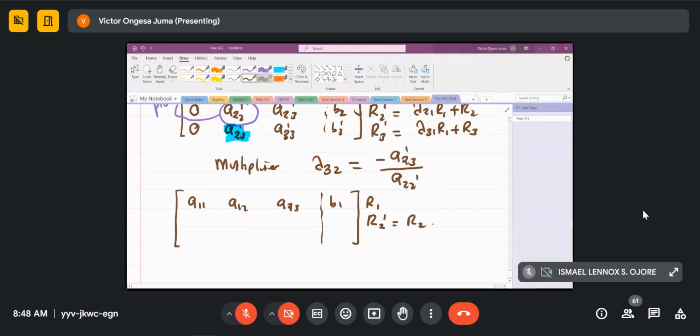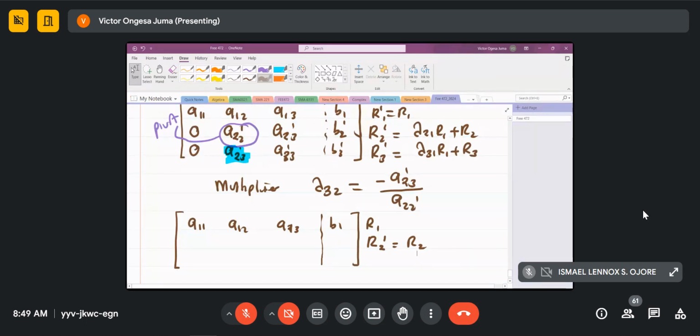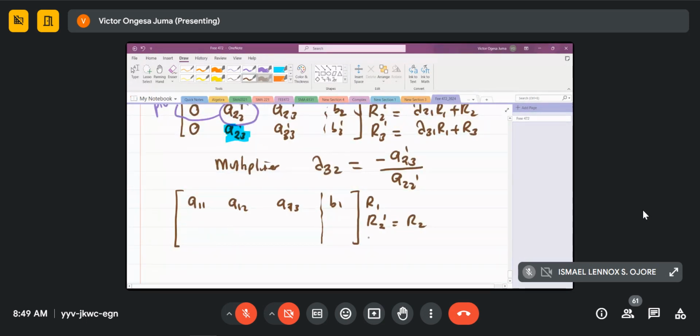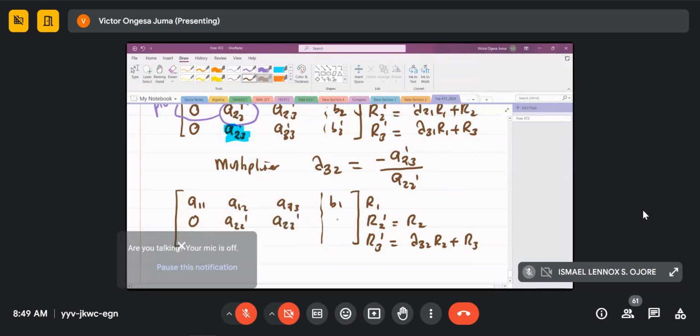Row 2, because I've not done anything to this row 2 of the new matrix. But what have I done to row 3? I can say the new row 3 is the same as what? It's multiplier times row 2 plus row 3. And so row 2 here also remains the same: A22 prime, A23 prime, and then this is B2 prime. This is 0. If you do this procedure, this will be 0. And then I have A33 double prime, and then this is B3 double prime. I'm just putting double prime to mean that they are new.